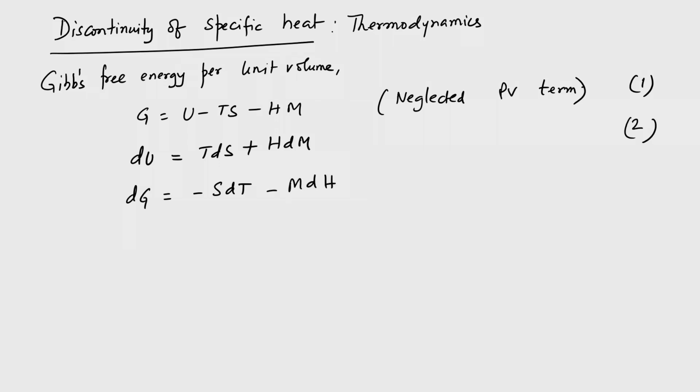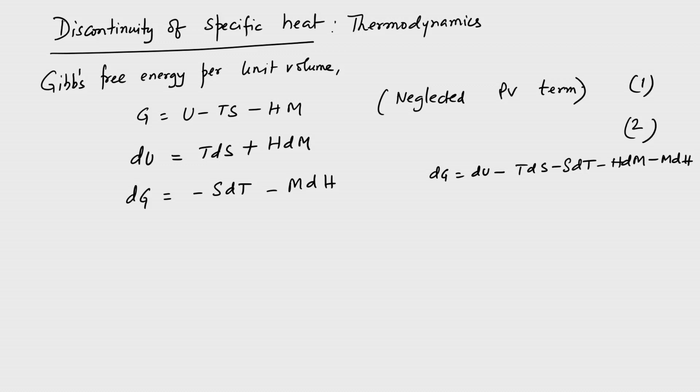So, just to show you the skipped step, we have dG which is equal to dU minus T dS minus S dT minus H dM minus M dH.